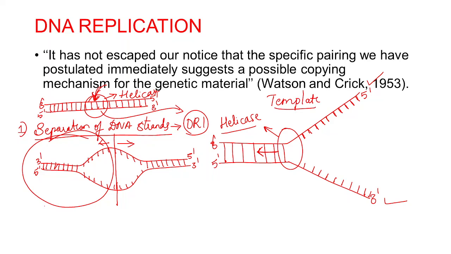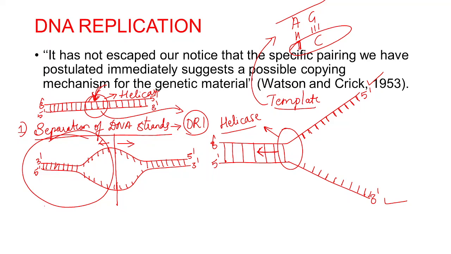If on this particular template strand the unpaired nitrogenous base is A, then it will always attach with what? T. That means it will guide the formation of the other strand here. If A is there on this strand, it will guide the T for attachment here, and if it is G, it will attract the C. Like that, formation of the new strand will be taking place.